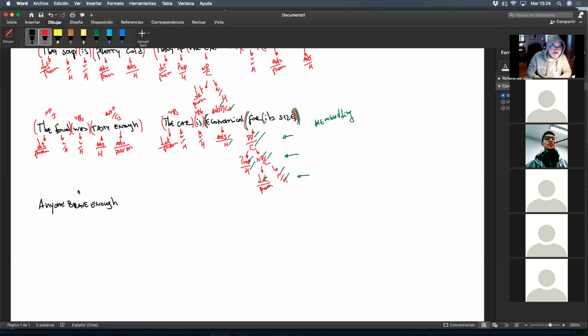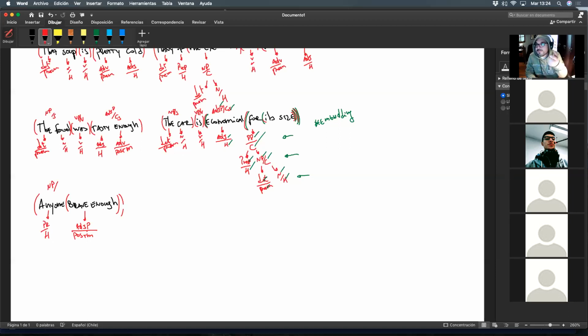In my example, anyone brave enough is a noun phrase. We don't know the function because you don't have more context, right? But anyone is a pronoun. It's the head. And then brave enough is an adjective phrase, post modifier. The fact that you can have a pronoun and then modify that pronoun is already an exception. Pronouns are not modifiable, right?